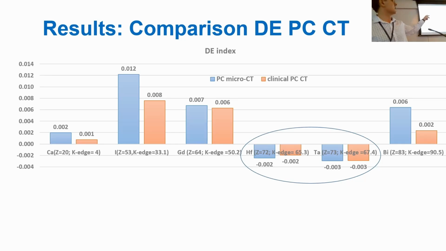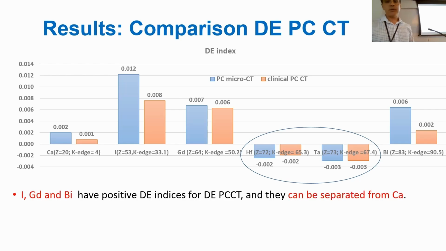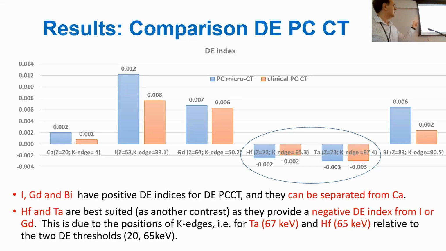But what I want to point out is, first of all, there are some elements like tantalum and hafnium that have negative dual energy index, which is very interesting, which means that the high energy linear attenuation is higher than the lower, while for the other elements, it's the opposite, right? So this tells us there is something there, because if you would have to choose another element, let's say in a multiple probe kind of experiment, it's better to choose one of those because they are more dissimilar, for example, from the iodine and gadolinium. The reason they are like that is because we have 2 thresholds, 20 and 65, and they have a K-edge around 65.